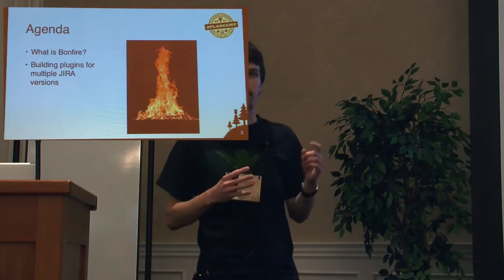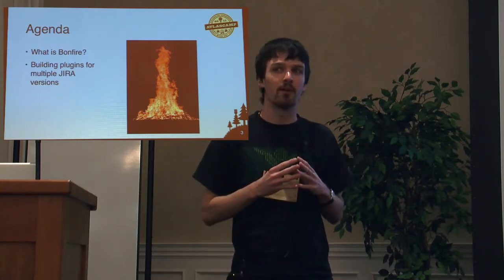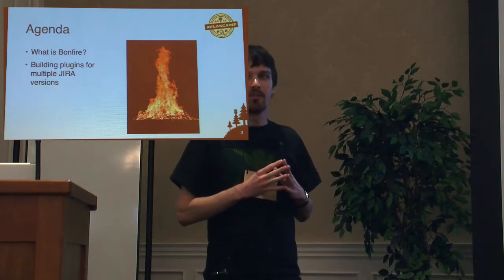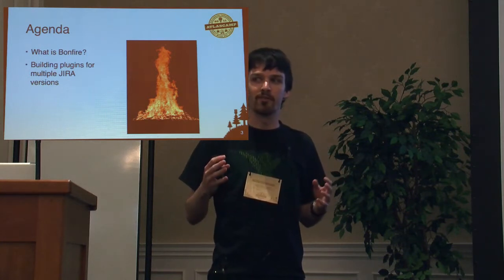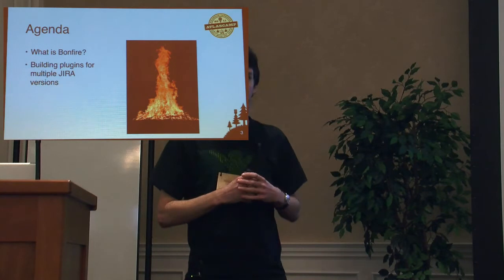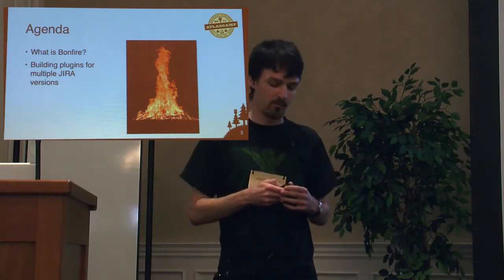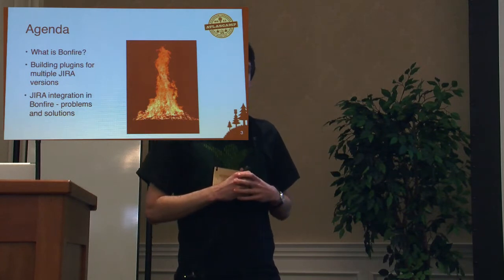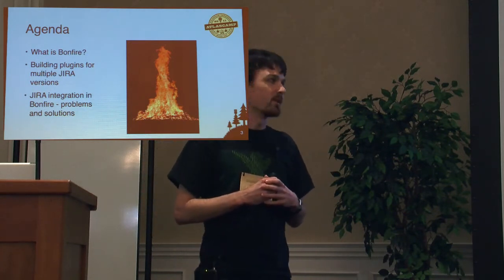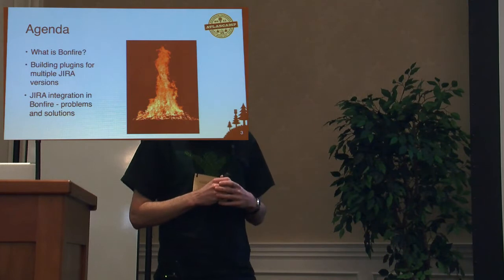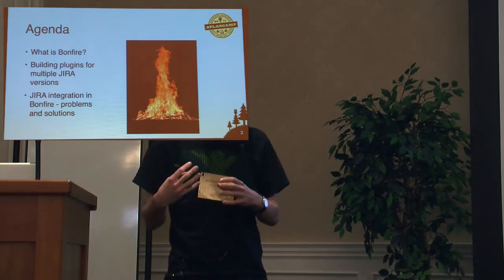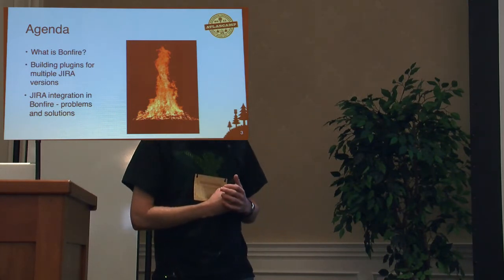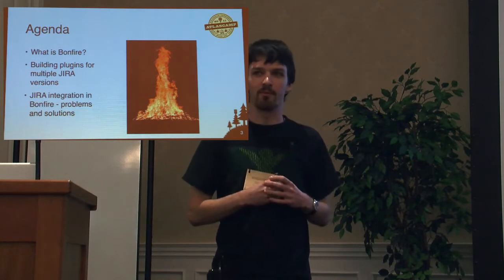And at the moment, we're supporting 4.3, 4.4, and JIRA 5.0 at the same time. So there's a number of challenges involved in supporting multiple JIRA versions, and I'll run you through some of the problems and solutions to those problems. I'll then jump into talking about JIRA integration within Bonfire and some of the problems we faced building a JIRA client that existed outside of JIRA, and some of the solutions to those problems that we had.